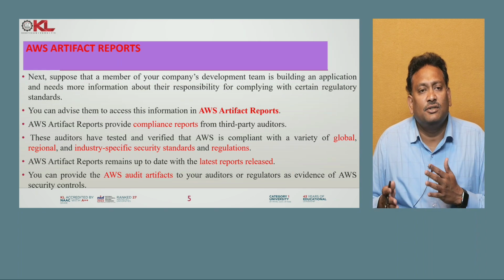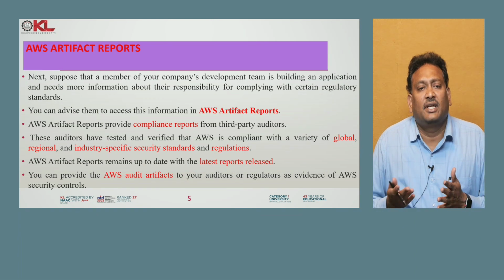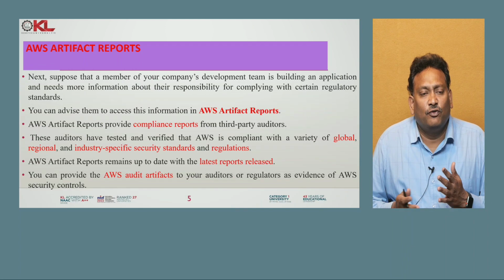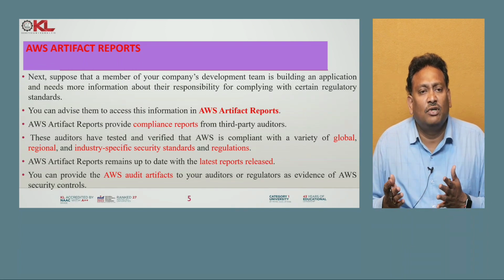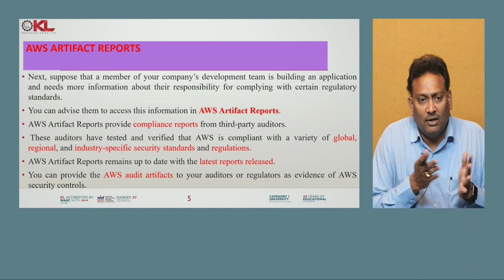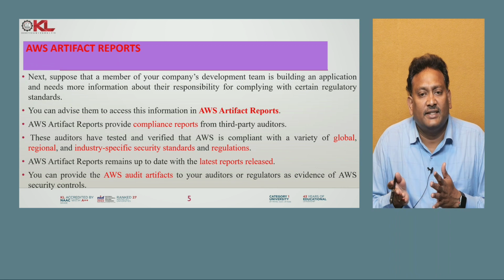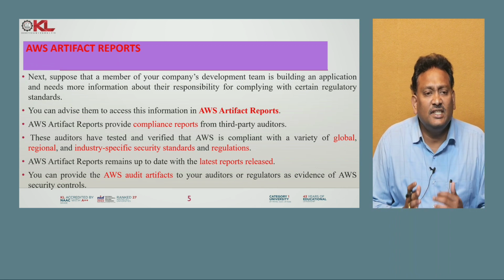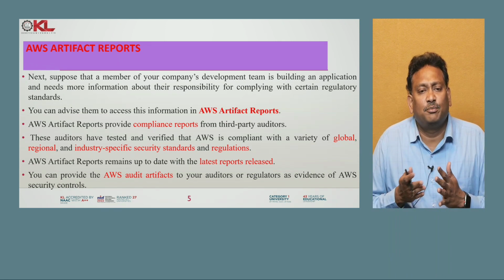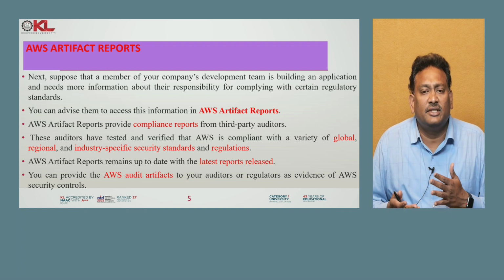So any developer in your organization who wants to build an application, before building it, has to know about the entire company's standards, policies and all information about the organization. They can get all this information by using AWS Artifact Reports.